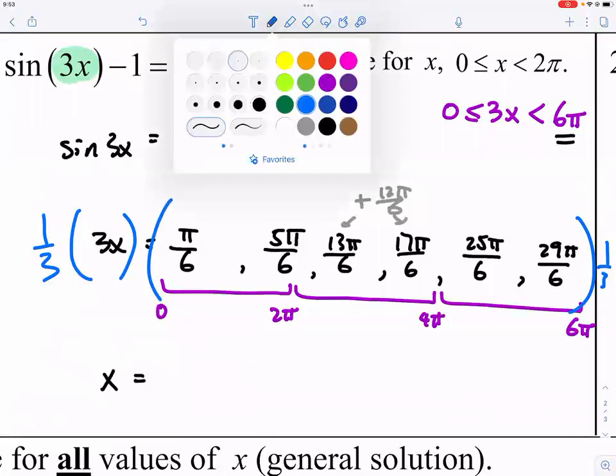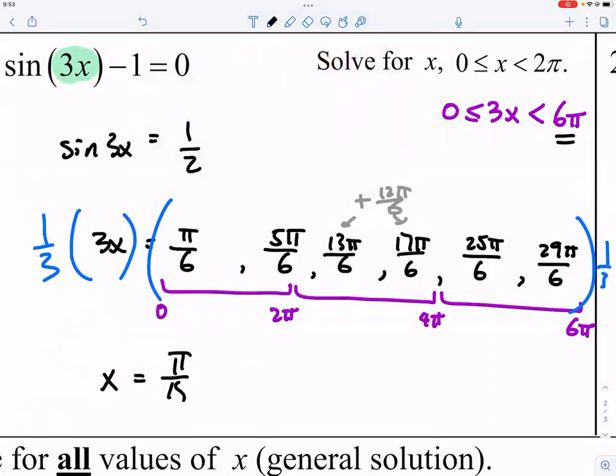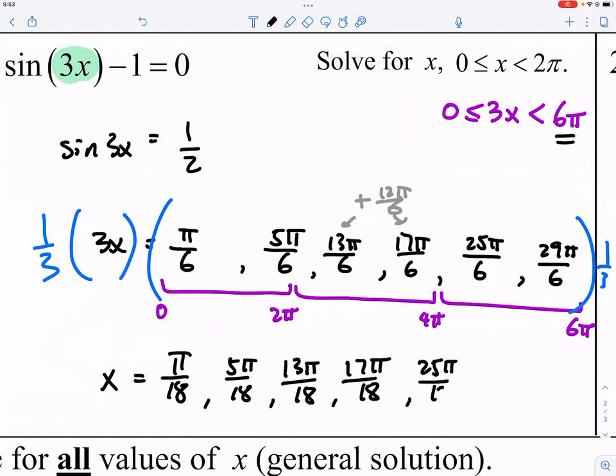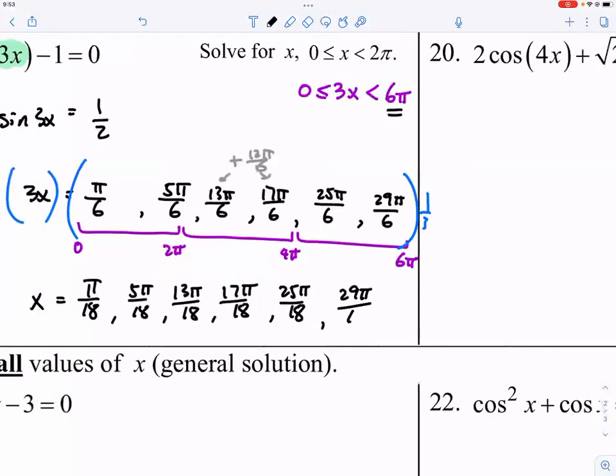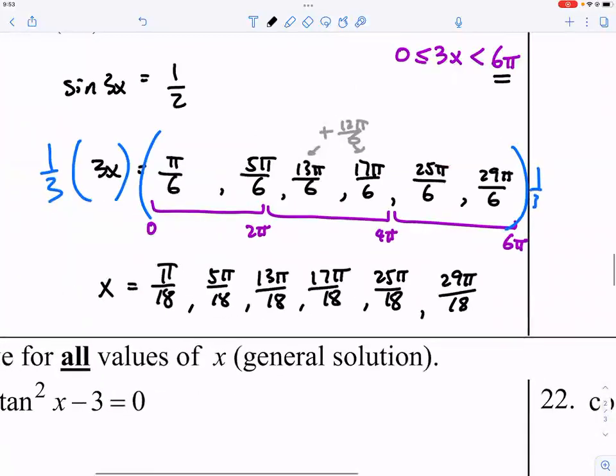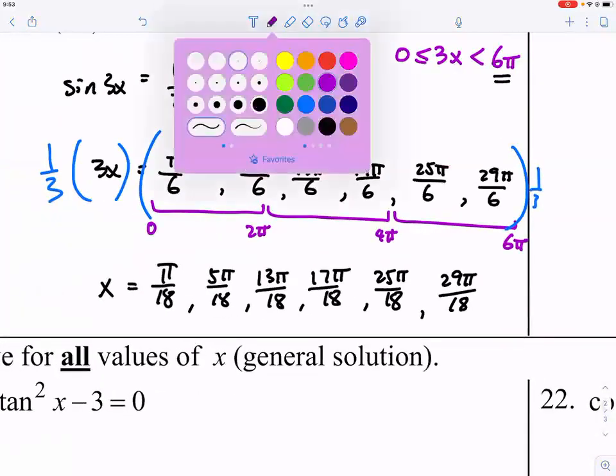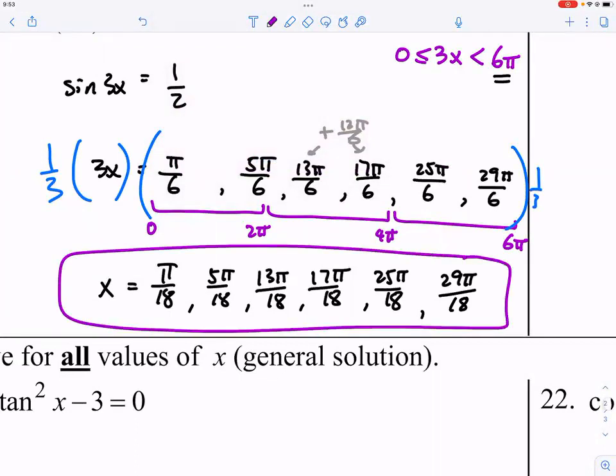So you have pi over 18, 5 pi over 18, 13 pi over 18, 17 pi over 18, 25 pi over 18, and 29 pi over 18. So you have a total of 6 solutions. All 6 values here will make the statement true.